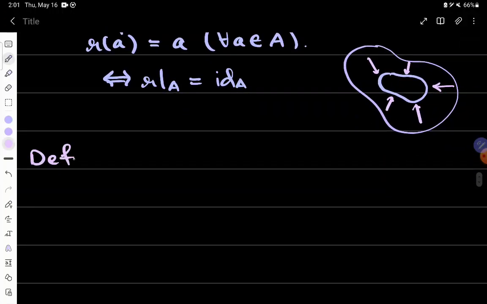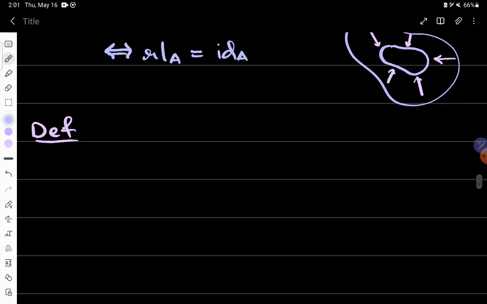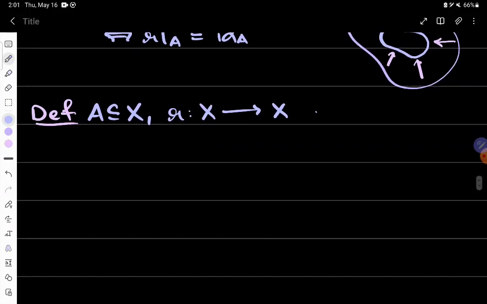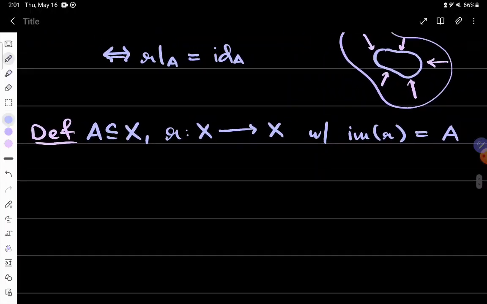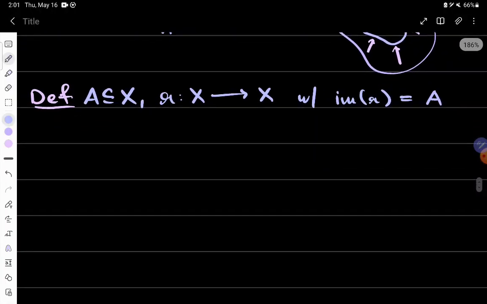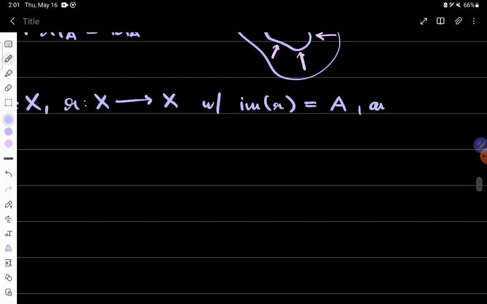Now I will talk about this other case that we're interested in for homotopy purposes. A is, again, a subspace of X, and R is a map from X to X with image equal to A. Okay, so suppose R is a retraction.